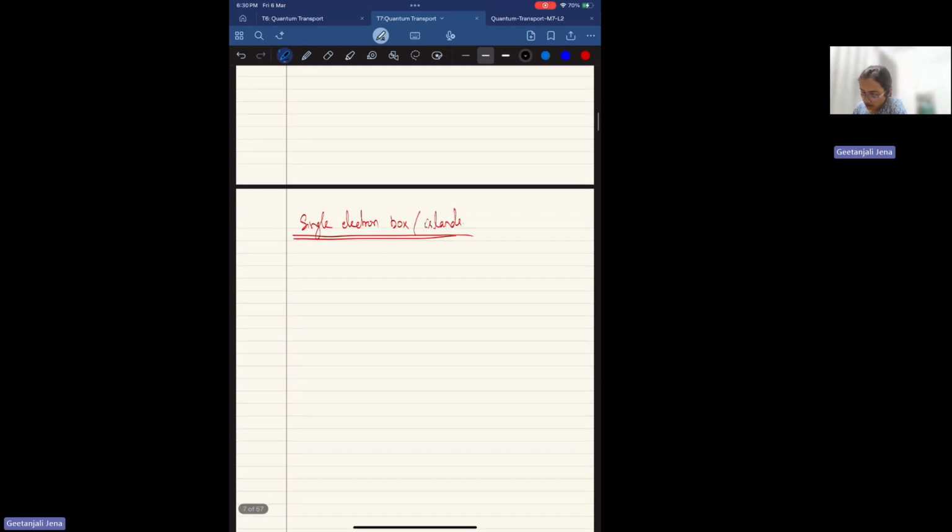If you draw the schematic, it is somewhat like this. This is the conducting island, which could be a quantum dot or a classical dot.